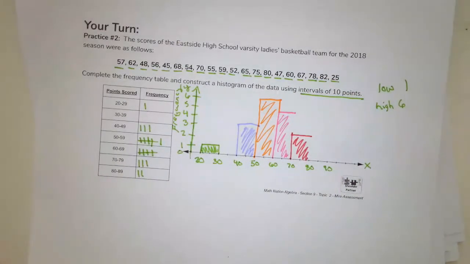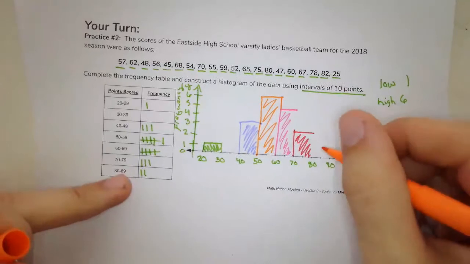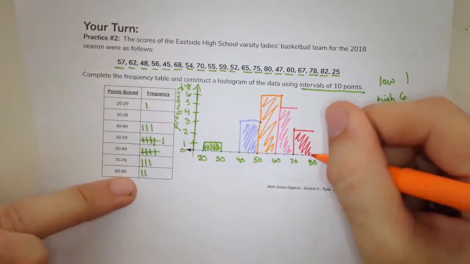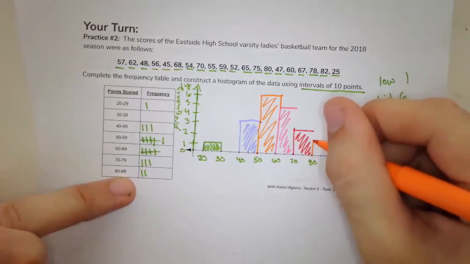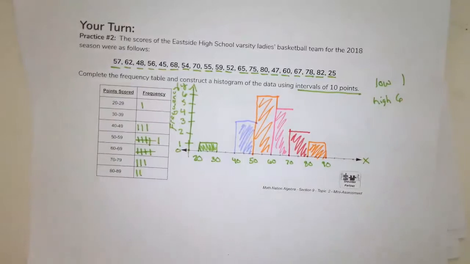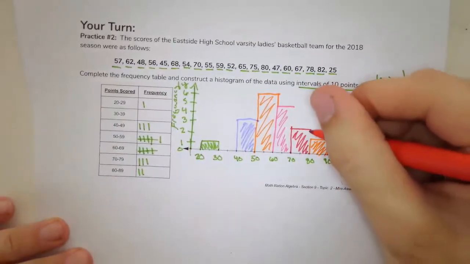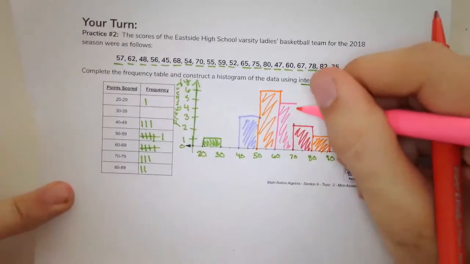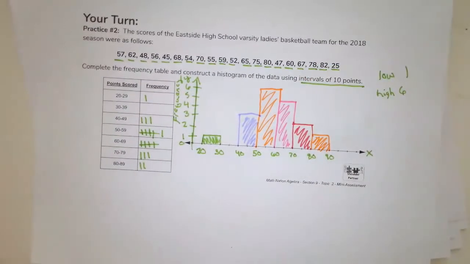And then 80 to 89, I'm going to have to reuse a different color here. So from 80 to 89, it happened twice, so we're going to go up to there. And that's how we draw a histogram.